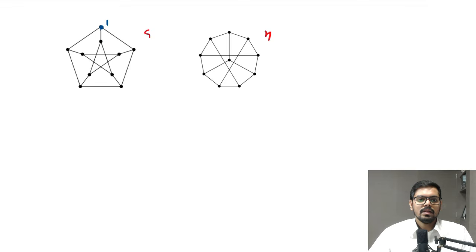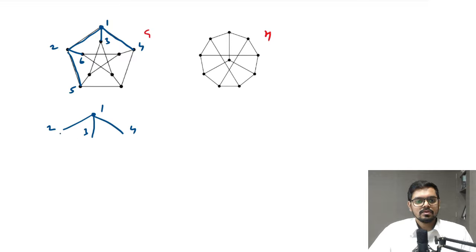See, this node 1 is connected to node 2, 3, 4 via the edges. So draw it. It will look like a tree. 2, 3, 4. Now this 2 is connected to, let us say, this node 5 and node 6 via these edges. Then I can see 3 is connected to, let me take, 7 and 8.